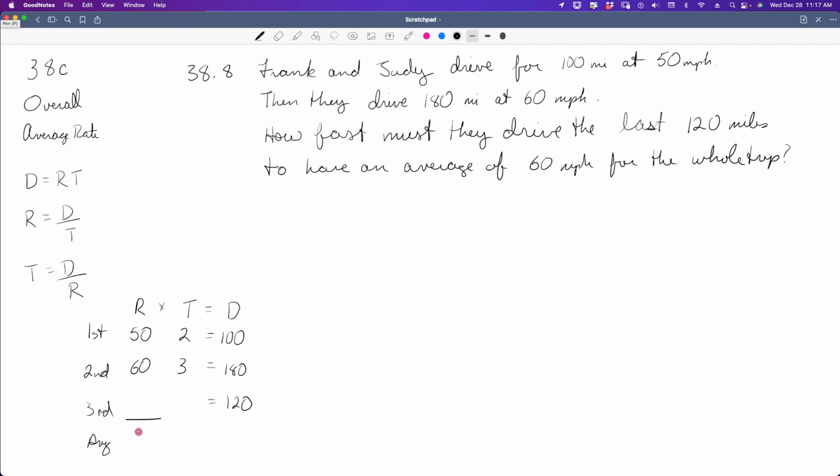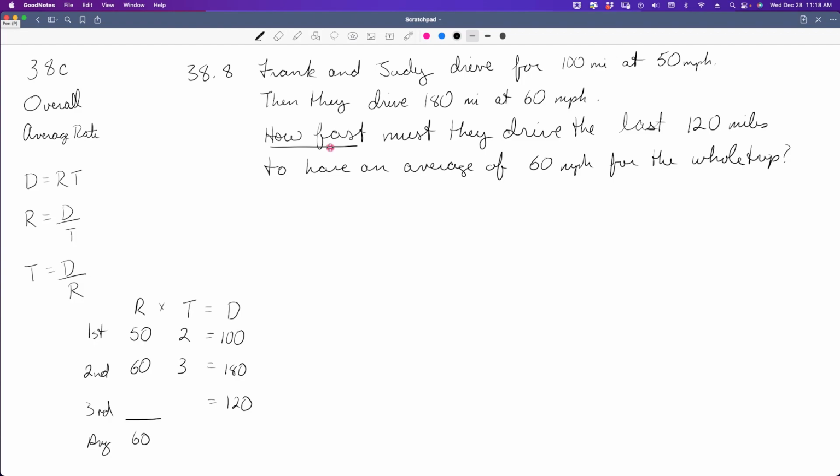That means we don't know the time either, because this is going to help us figure out the time for that, which will then help us figure out the speed. So first of all, let's look at our formulas. We need to find out rate. How fast? That is rate. So the rate is what we're looking for.